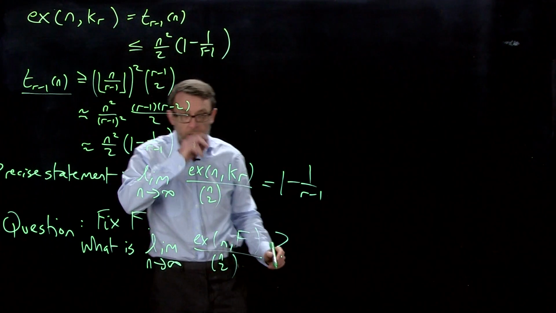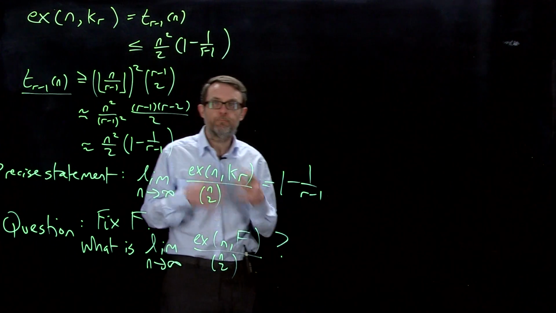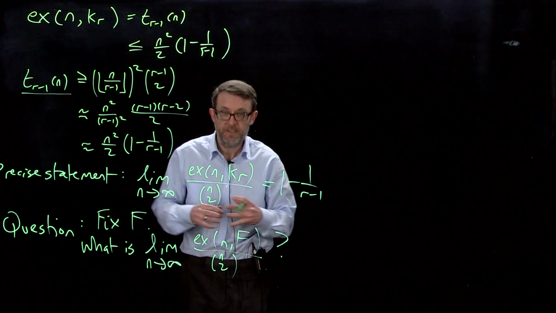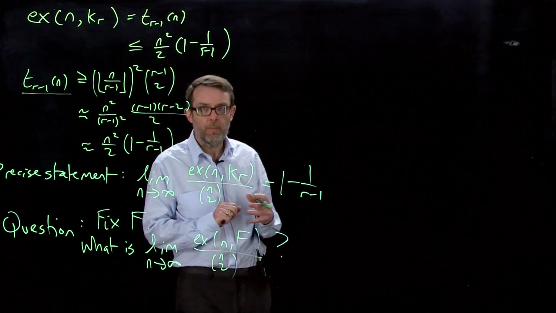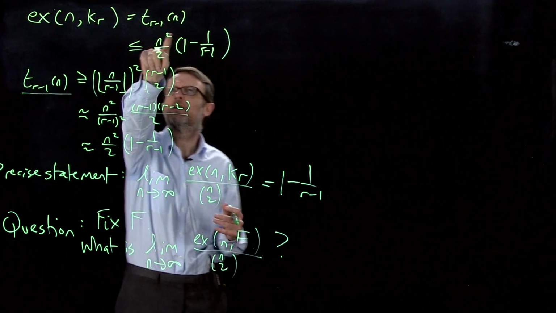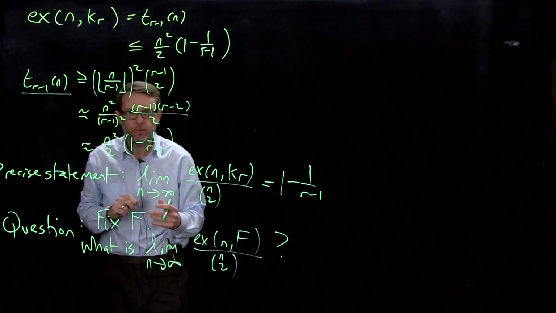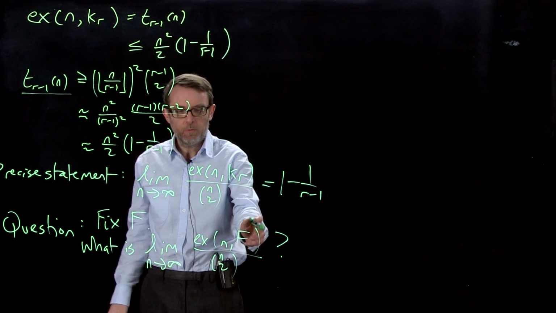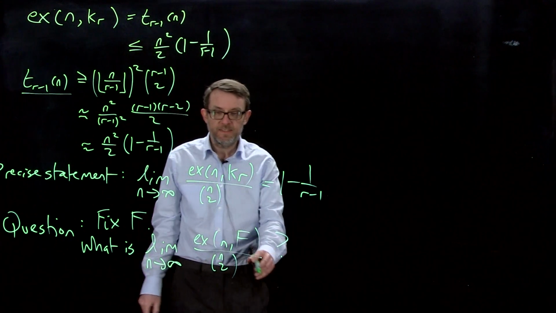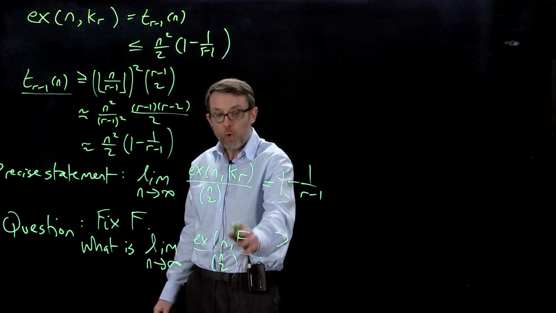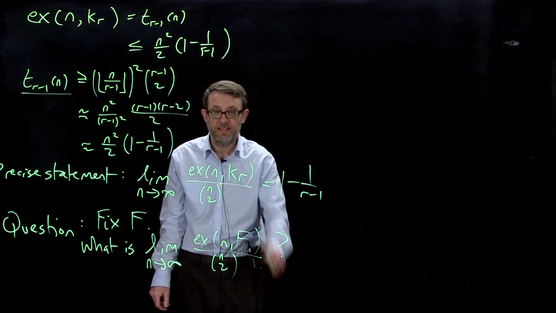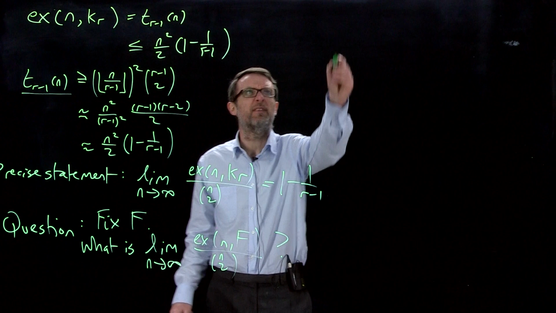So in other words, for an arbitrary graph F, at most how many edges can I pack into n vertices and still avoid having a copy of F? We're not going to get an exact answer like we had for Turan's theorem for general F, but it's reasonable to hope that we could get this limiting quantity. What is the greatest proportion of the possible edges that one can pack into a graph on n vertices and still avoid seeing a copy of F?